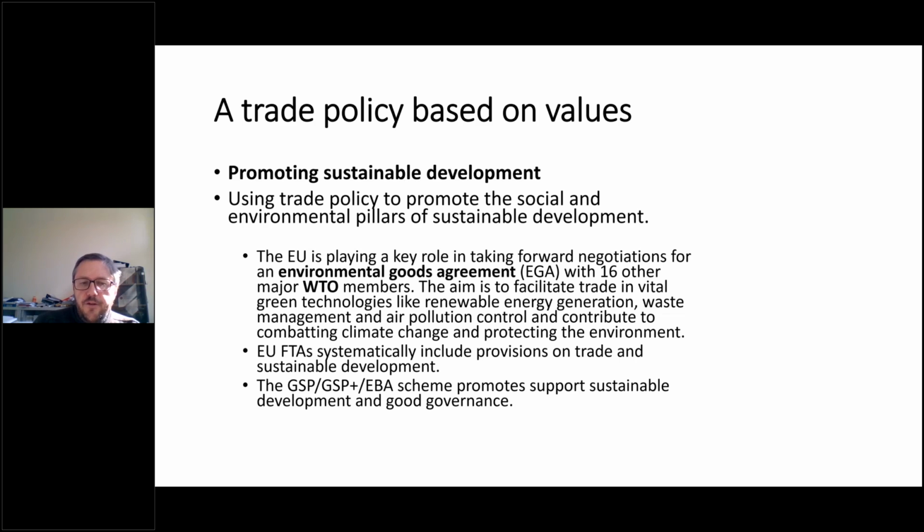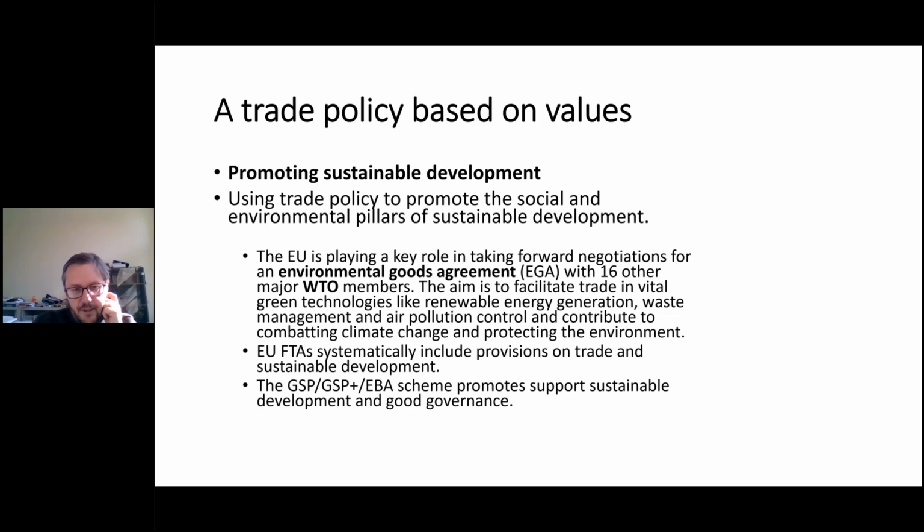So at the bottom of the slide, you see references to the EU FTAs, which are the free trade agreements, which systematically provide provisions on trade and sustainable development. And we will have a separate lecture on that next Friday. There's the GSP Plus EBA scheme, which promotes and supports sustainable development and good governance.